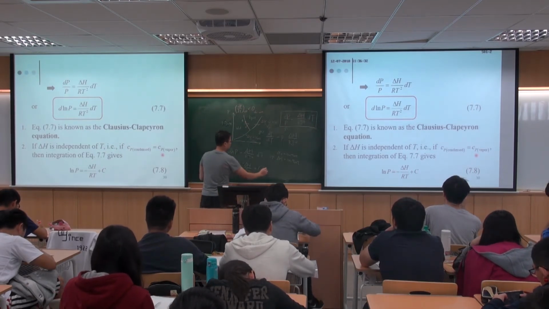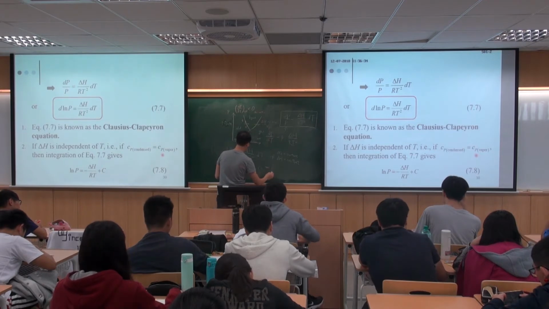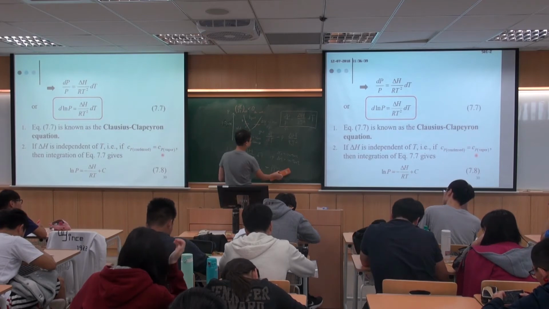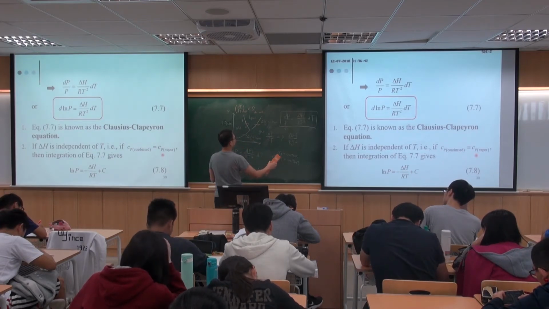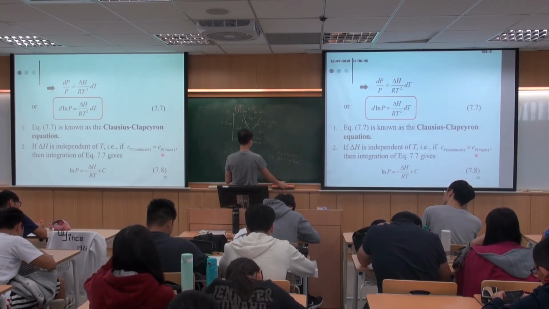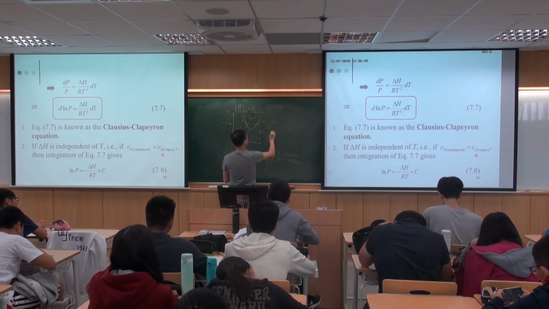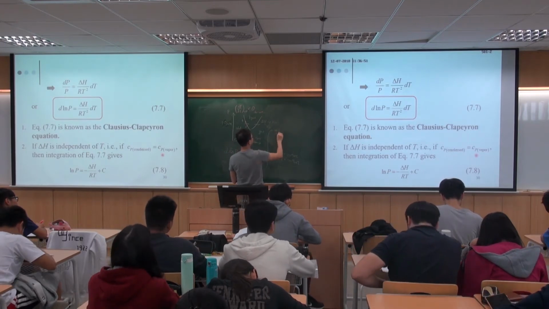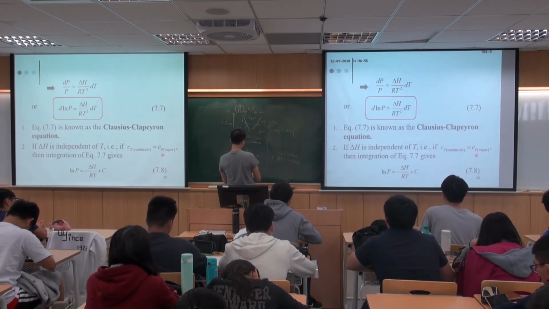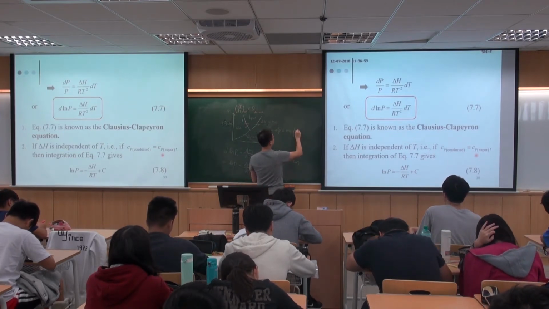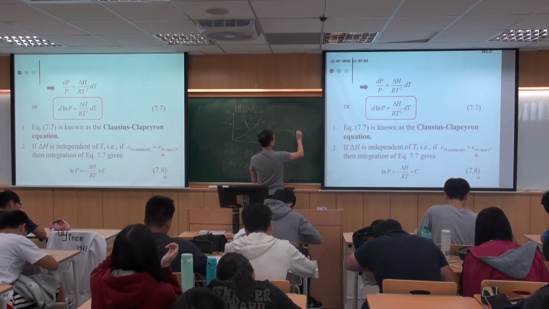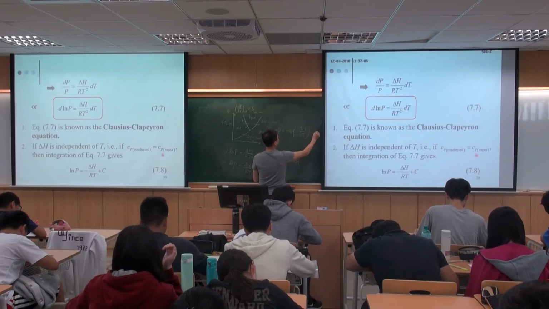Which means that the pressure as a function of temperature is, I want to write it here. It's an exponential of minus delta H over RT times some certain constant.